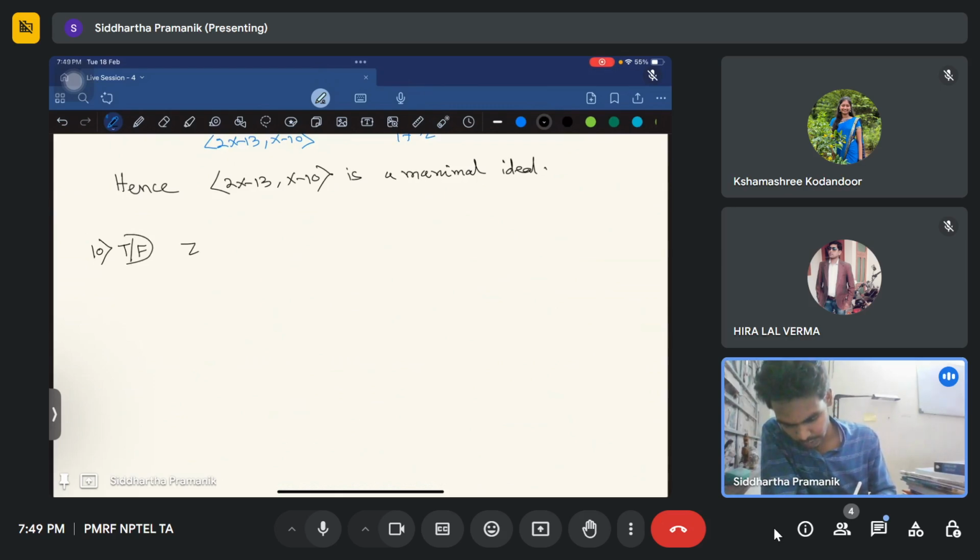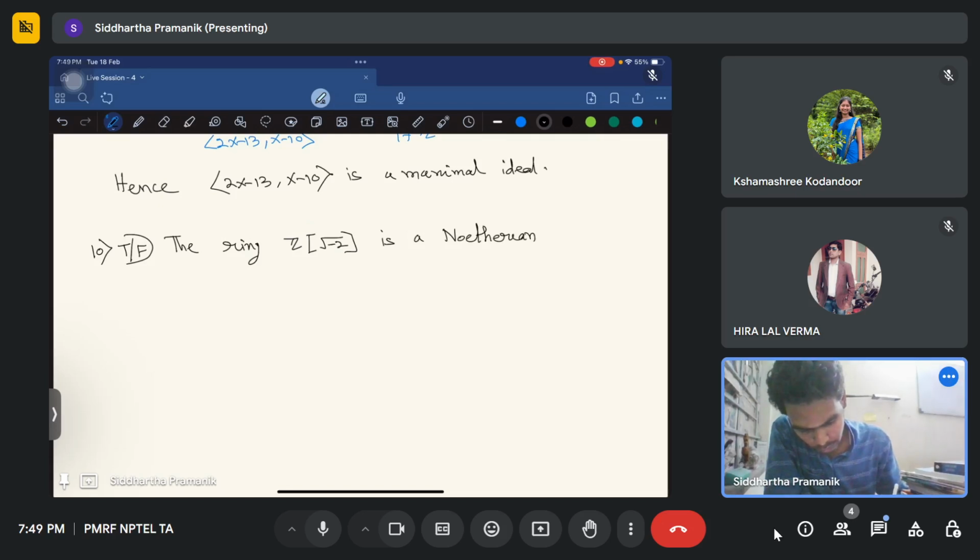Take the ring Z[root minus 2]. Is the ring Z[root minus 2] a Noetherian ring? True or false?